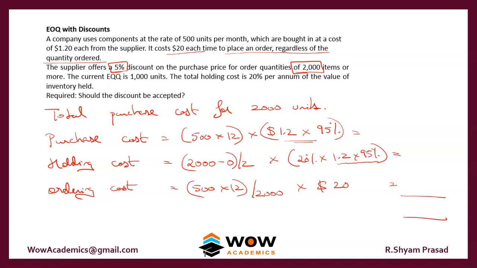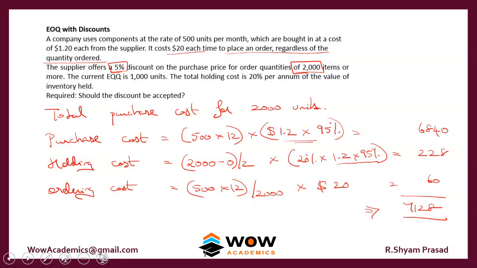We'll get the answer when we total it. The answer comes to 6840, 228 and 60. So the total answer comes to 7128. So we have ended the question.